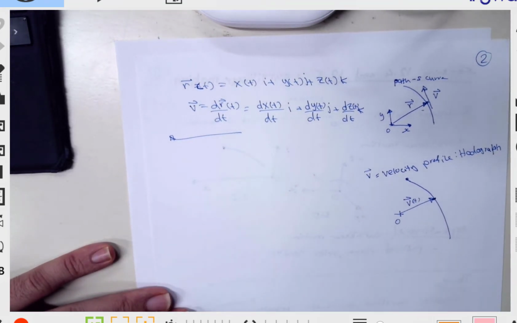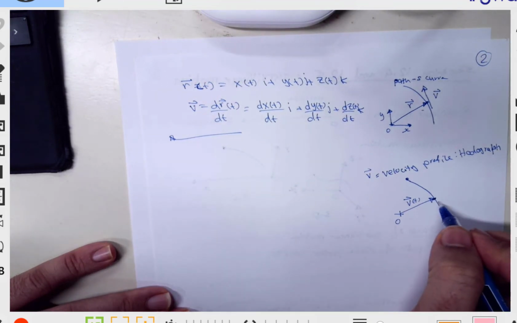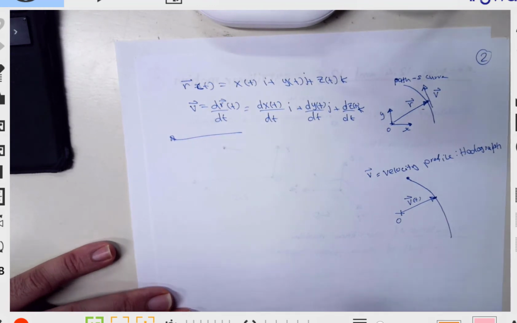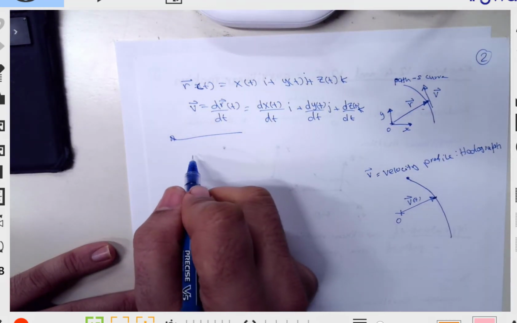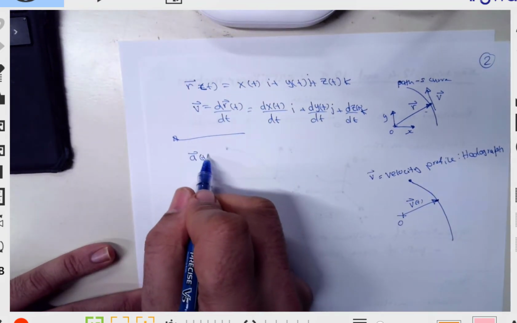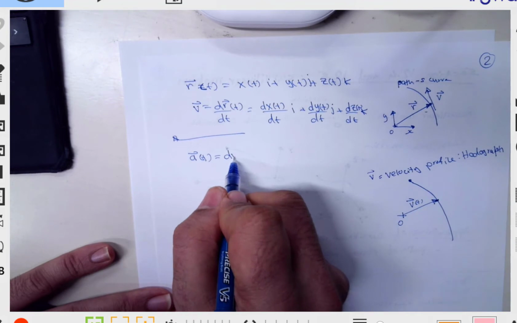In a similar fashion, taking the derivative of the velocity is going to generate an acceleration, right? So let's say I have, and we know the relation between the acceleration and velocity is the derivative.